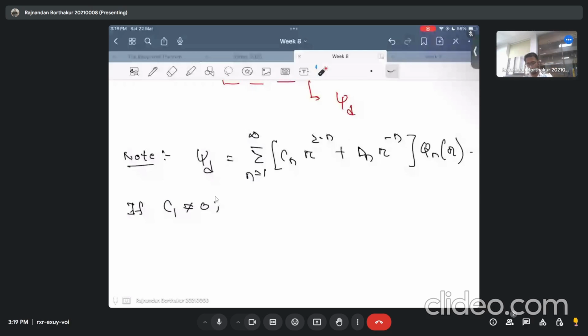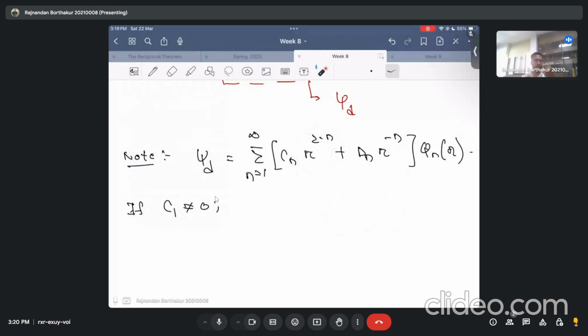For n equal to 2, this term will drop out, that is it will become r power 0, which is just C2. But for n greater than or equal to 2, this term would either be 0 or of the form 1 by r power n minus 2.